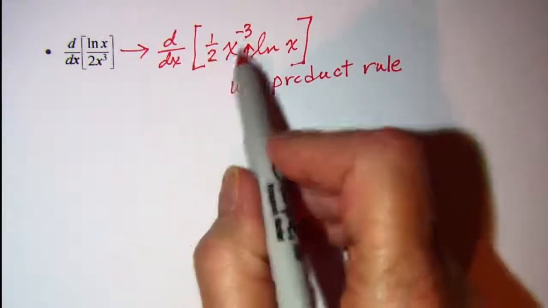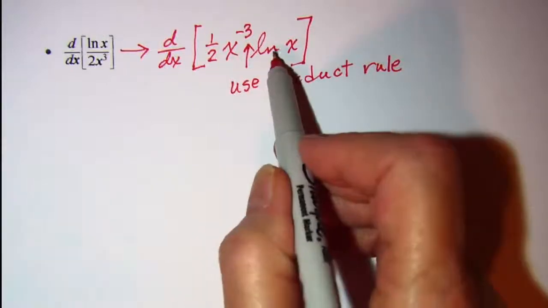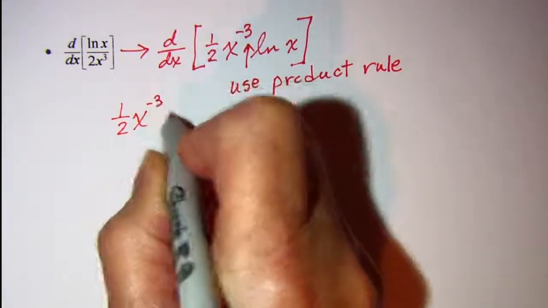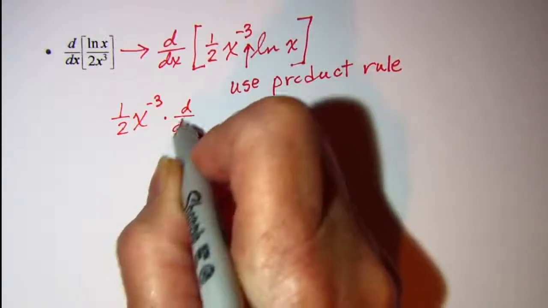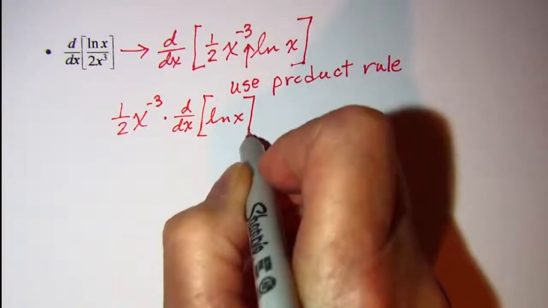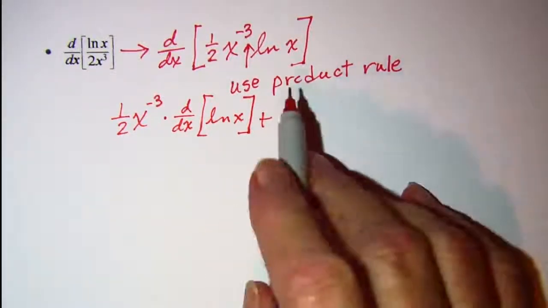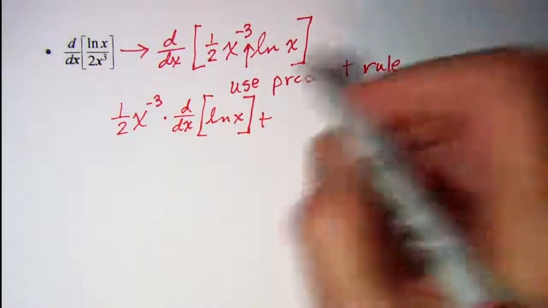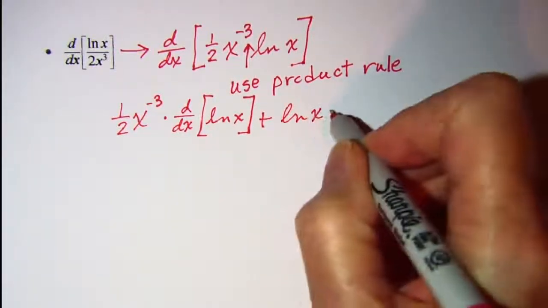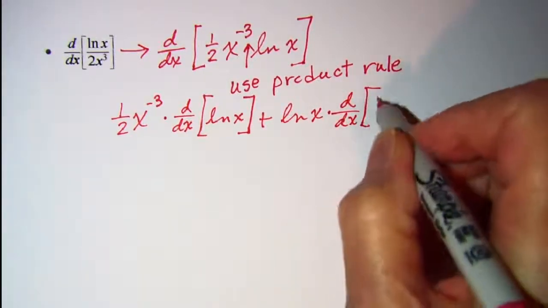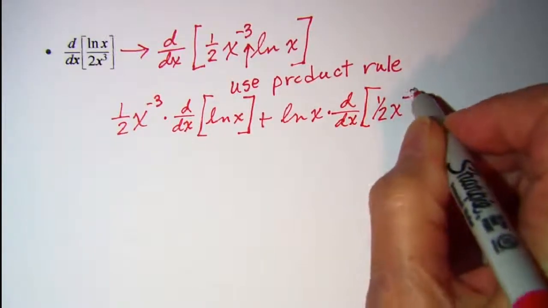So my first factor multiplied by the derivative of the second factor, 1/2 x to the negative 3 times the derivative of ln x, plus, and then my second factor multiplied by the derivative of the first factor, ln x multiplied by the derivative of 1/2 x to the negative 3.